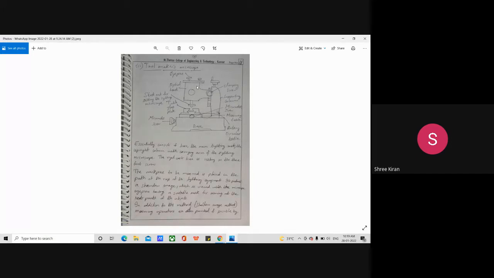Then we have a micrometer screw. What is it used for? It is mainly used for adjusting the longitudinal movement. And then we have another micrometer screw, which helps with transverse movement.